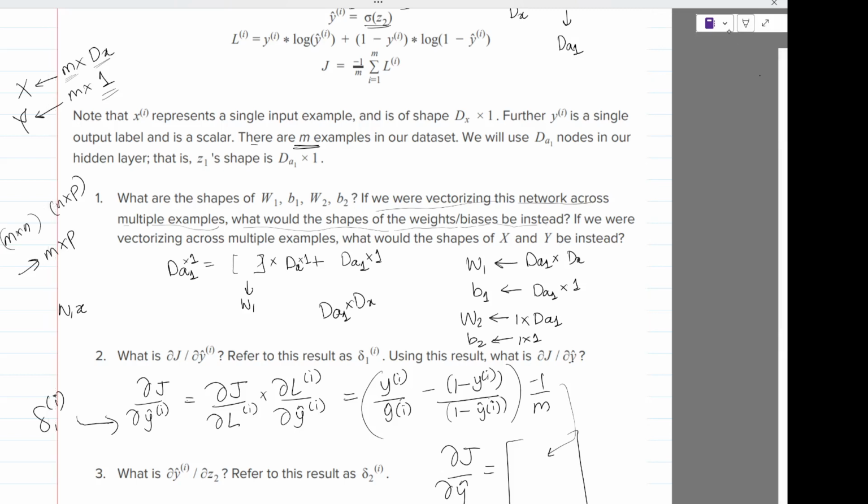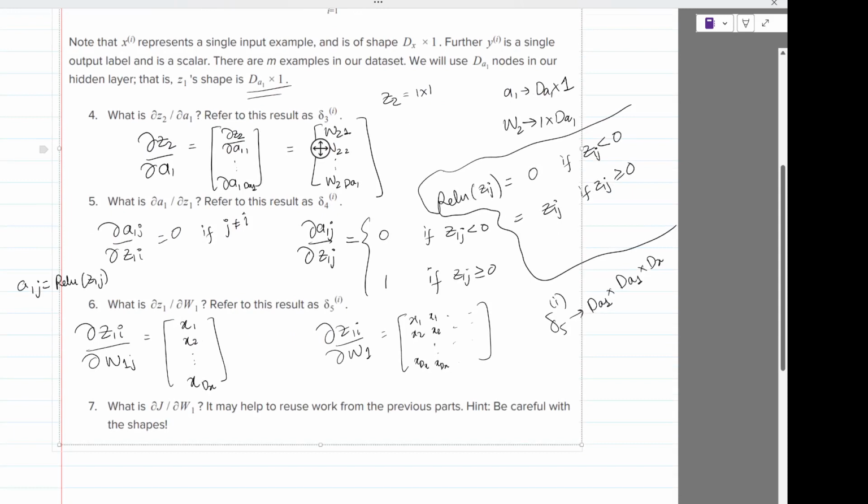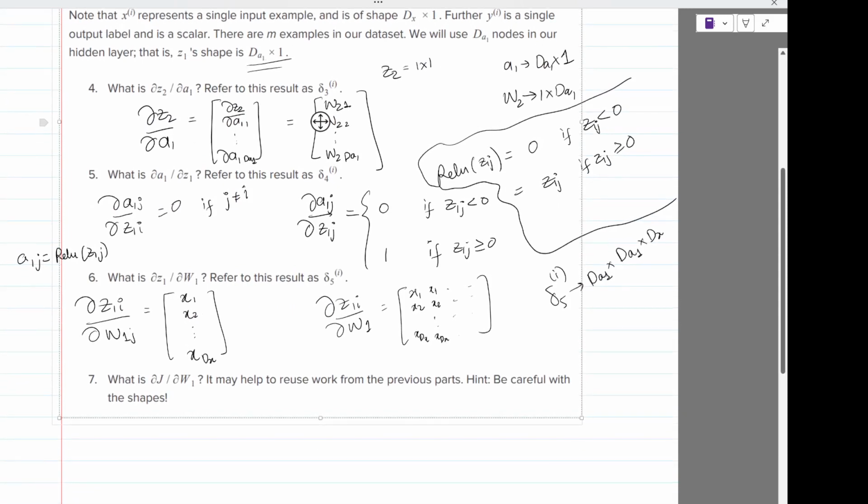Okay, so maybe a better way to write will be, so what we can say is if j is not equal to i, then those entries will be 0. Only when j is equal to i do I get this.